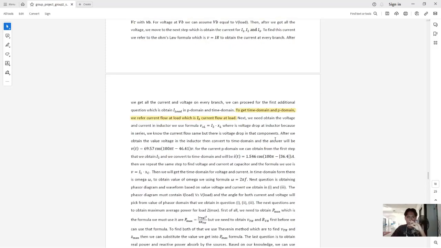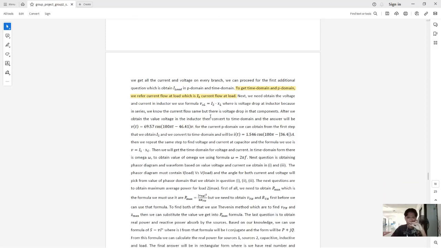Then, after we get the current, we need to find the phasor domain for the load, which is I3. After we obtain that, we need to find the voltage and current in the inductor, using V equal to IR, which is VSL equal to I2 multiplied by the impedance of the inductor.